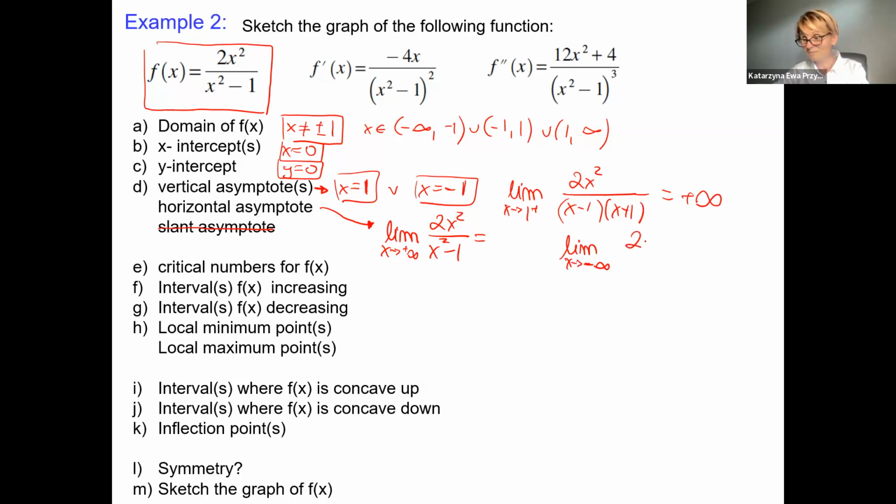What is the limit? Please tell me. 2x squared over x squared, the same degree, ratio of the leading coefficients. That means the horizontal asymptote is 2. You can imagine a function, vertical asymptotes, horizontal asymptotes.